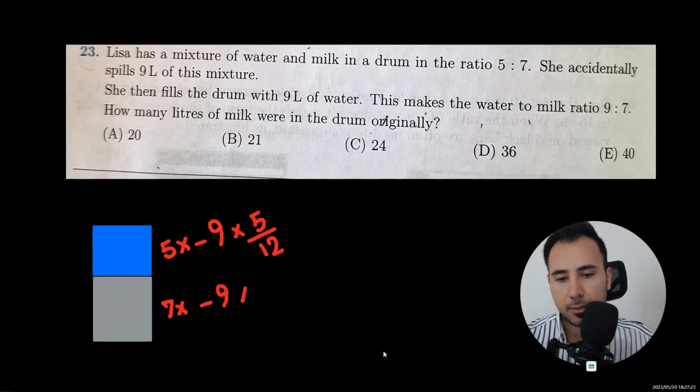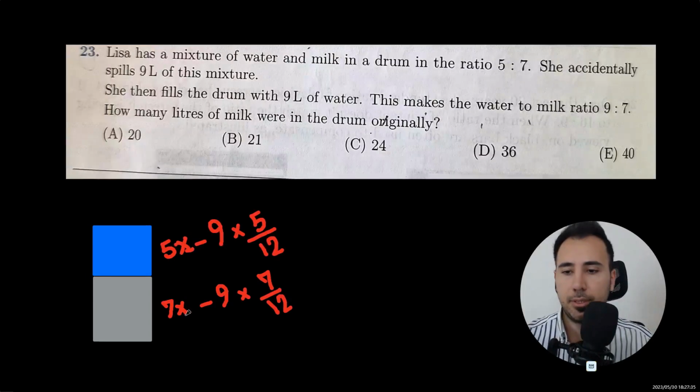And here we have more milk, so 9 times 7 over 12 is going to go out. And remember, these are x's, do not get confused, these are not times. So we have this much, and then 9 liters out.